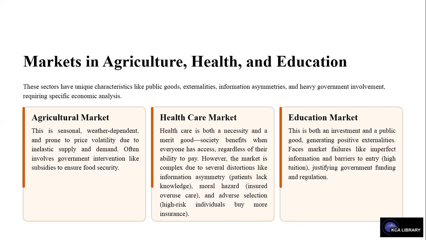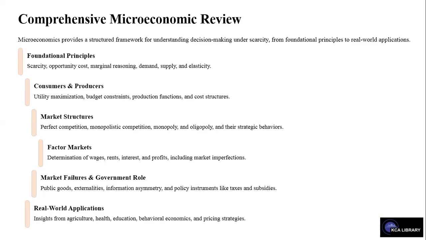The education market is both an investment and a public good, generating positive externalities, and it faces market failures like imperfect information and barriers to entry, justifying government funding and regulation.